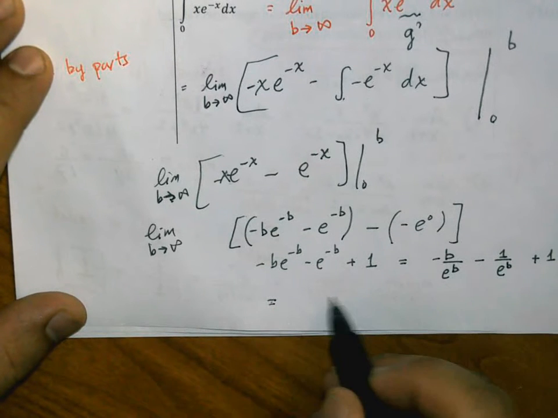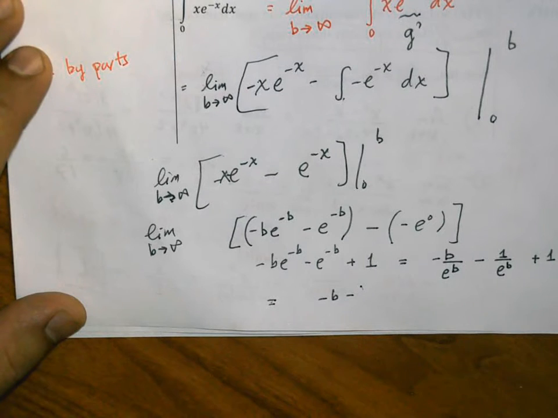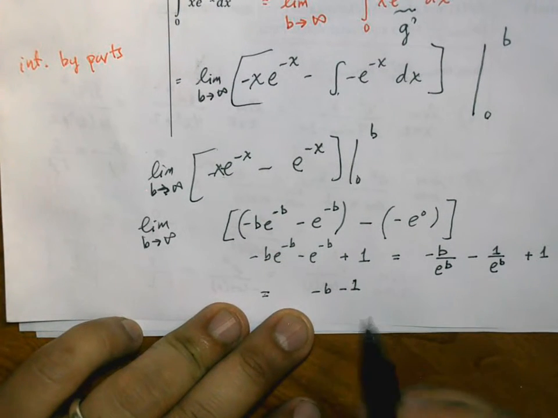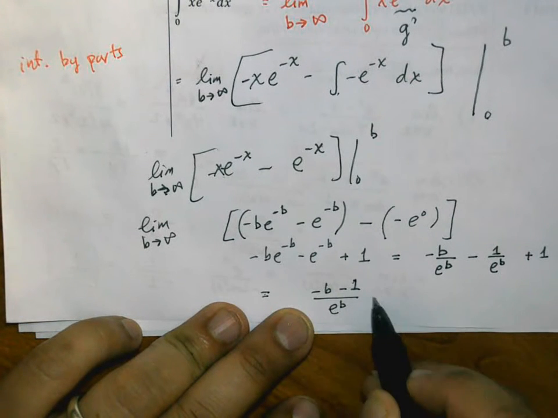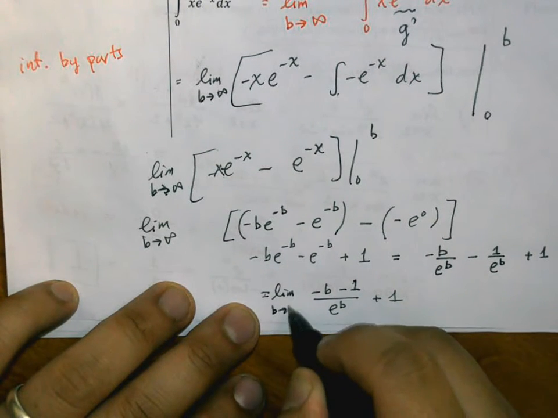So we end up with negative b minus 1 over e to the b plus 1. Oh, and I forgot, we got to take the limit as b approaches infinity.